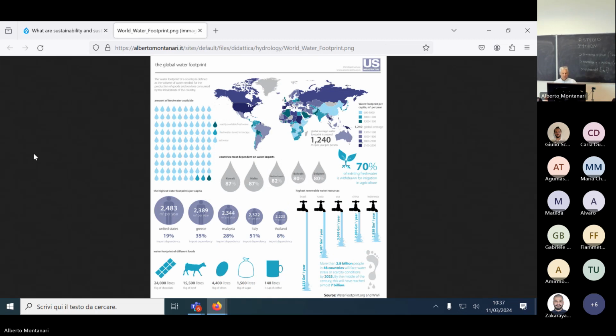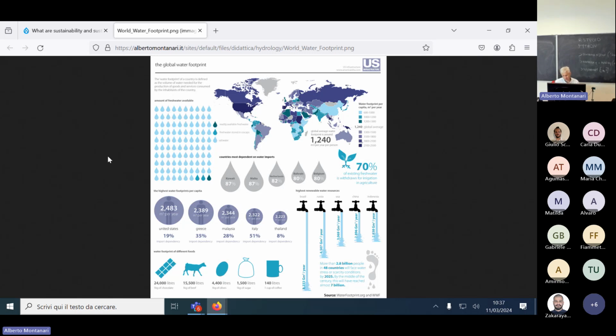Okay. So what is the water footprint? The water footprint is the volume of water that is needed for a country for the production of goods and services that are consumed within that country. So this is a new concept. It's not really new.